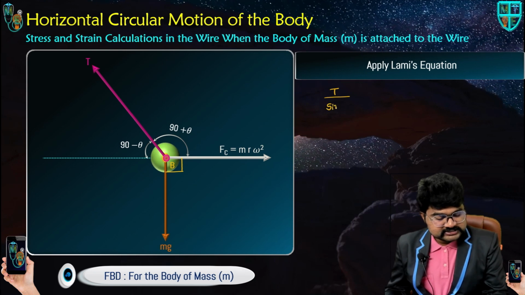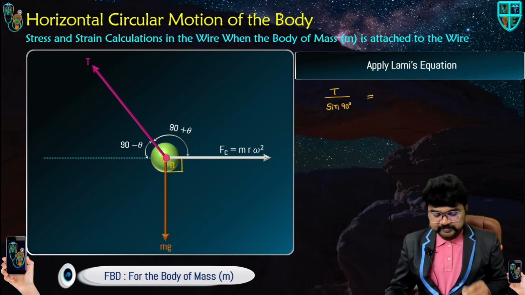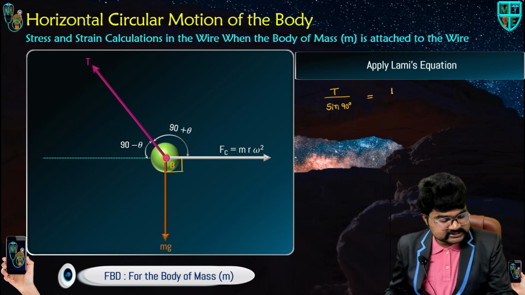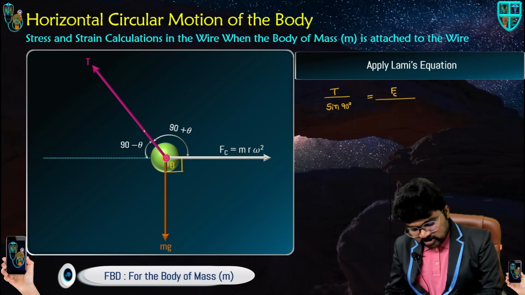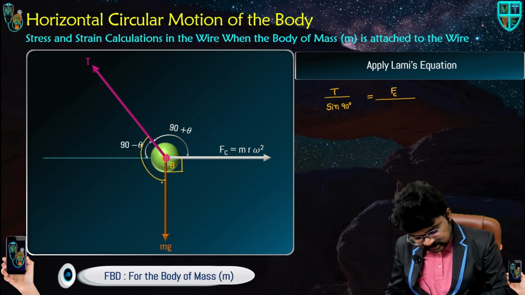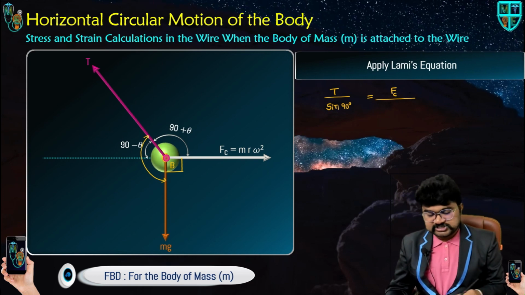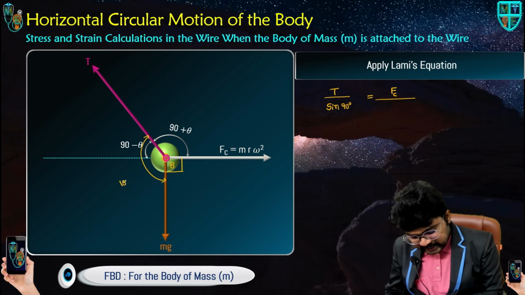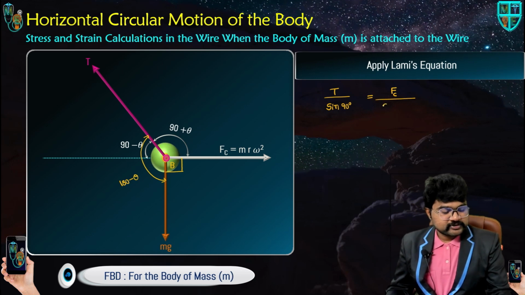T by sine 90 degrees equals centrifugal force FC by sine of the angle between the other two forces, tension and mg. 90 minus theta plus 90, how much? 180 minus theta. So sine 180 minus theta you will be getting.